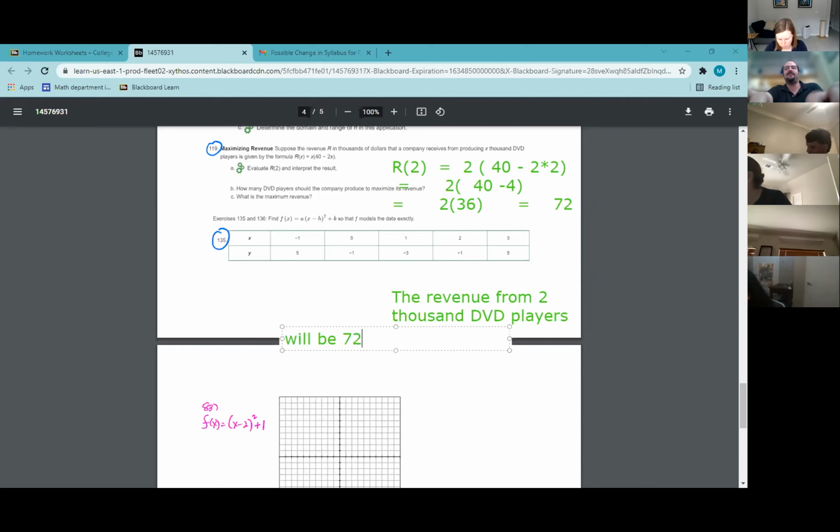It's not dollars, it should be thousands, right? Yes, $1,000 times 72, so $72,000 because it's in thousands. Either way works.